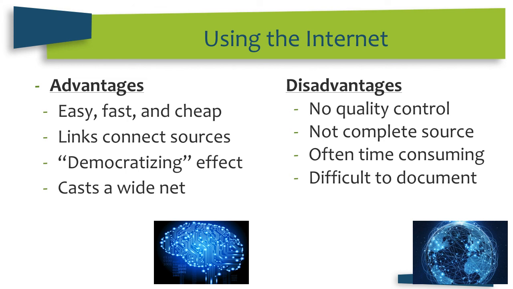So it becomes very time consuming because you wander from one page to another page. You came to the internet to search for one thing, but since there were too many things, something else distracted you, and you're now looking at a totally different topic. And finally, it is very difficult to document. Why? Because you search today and you write in your paper that I retrieved this article from so and so website on so and so date.